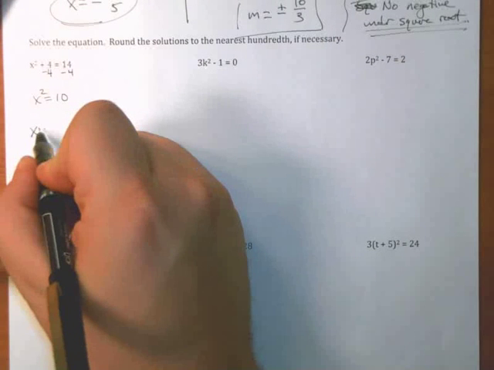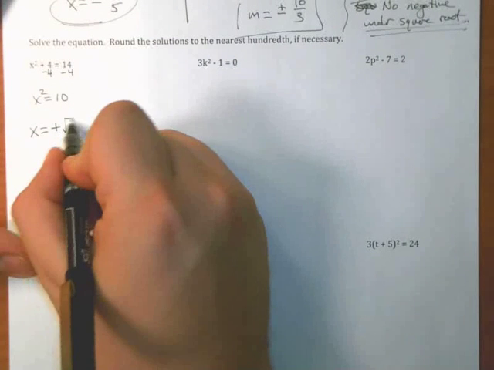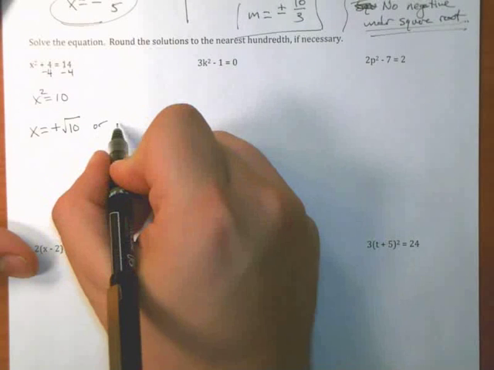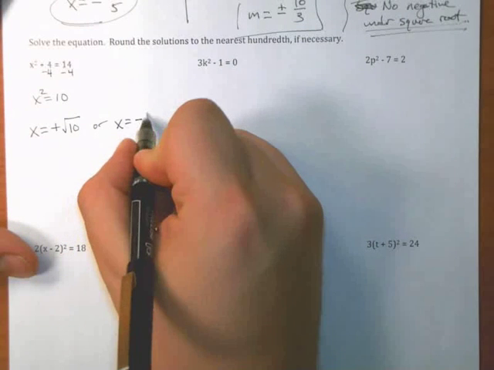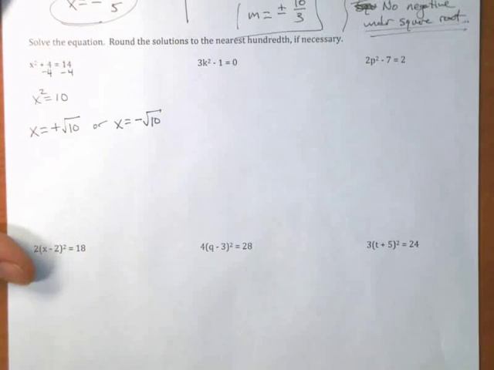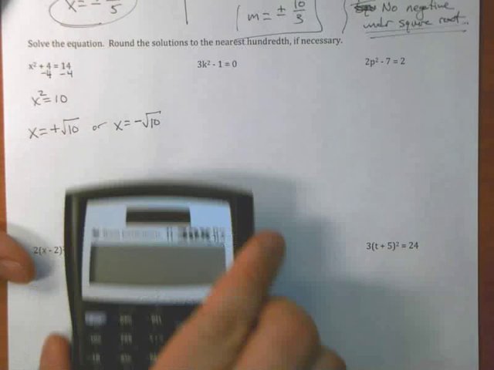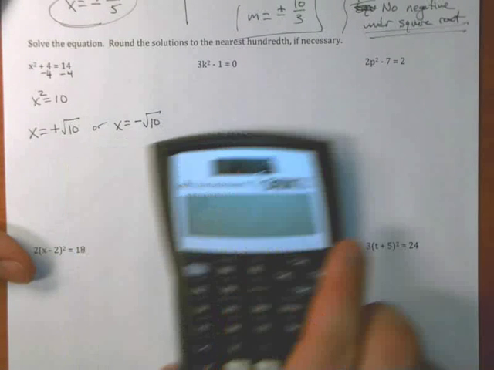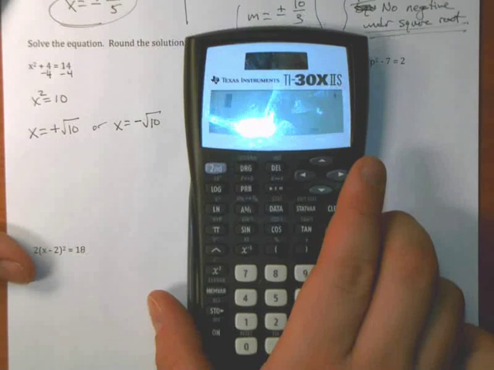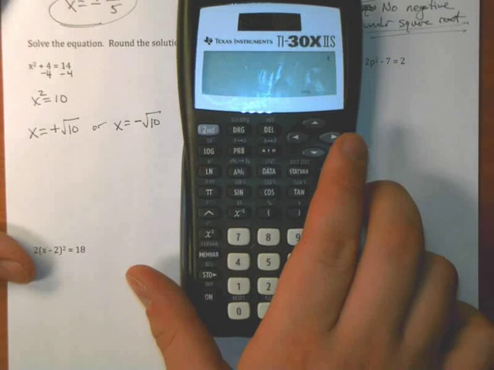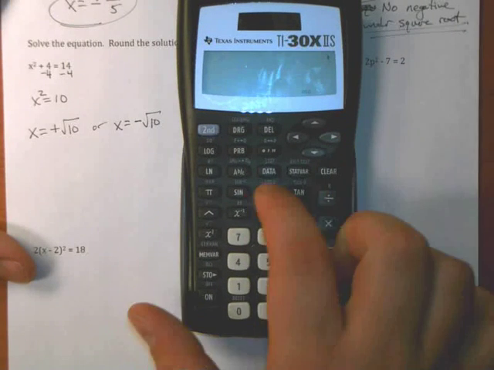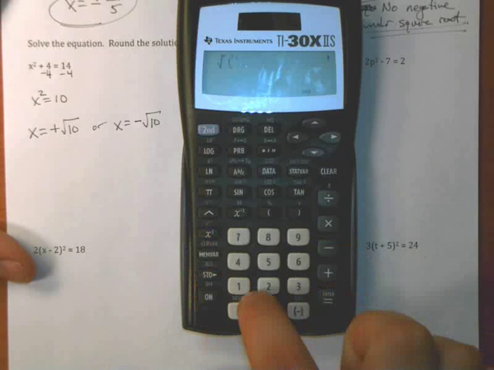I've gotten what's being squared isolated, so now I'll use a square root, and I'll say x is equal to plus the square root of 10, or x is equal to minus the square root of 10. Using a calculator, I can hopefully come up with an approximation.